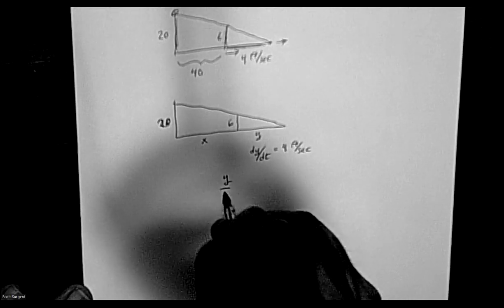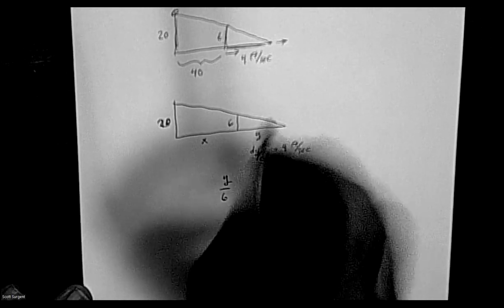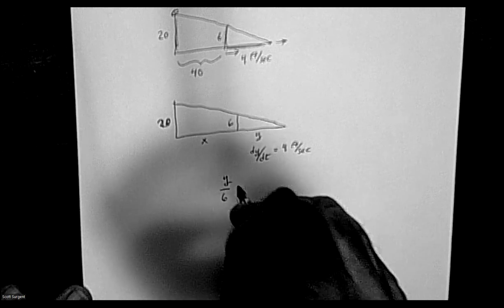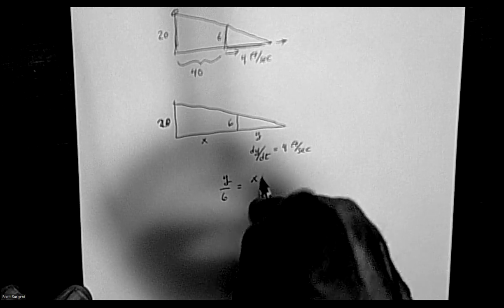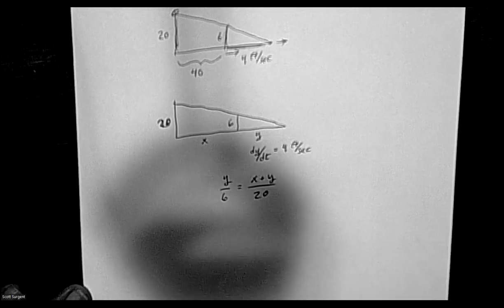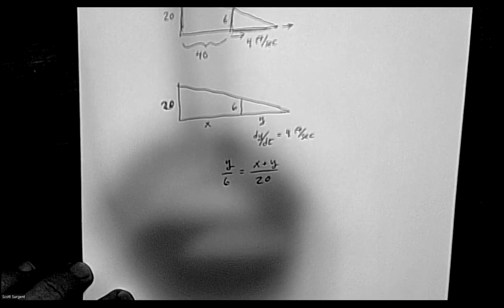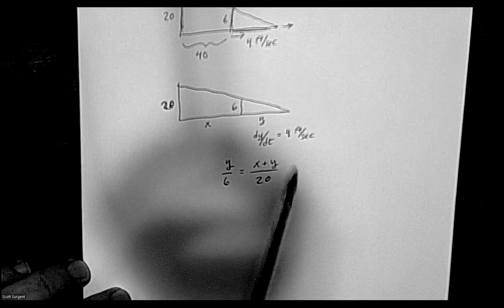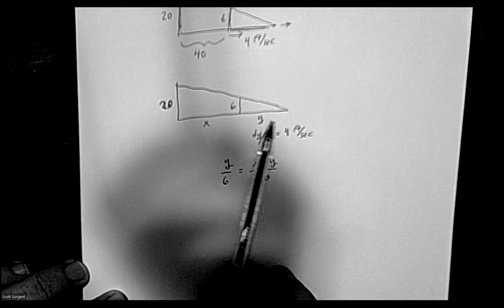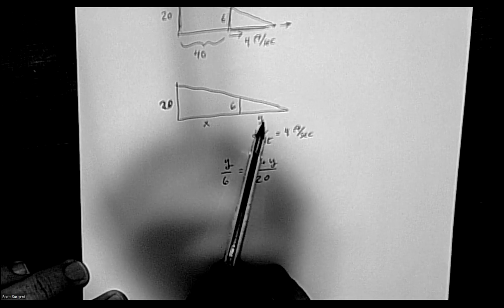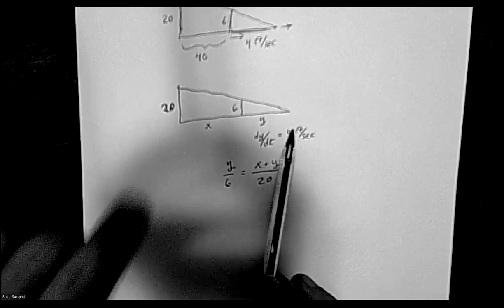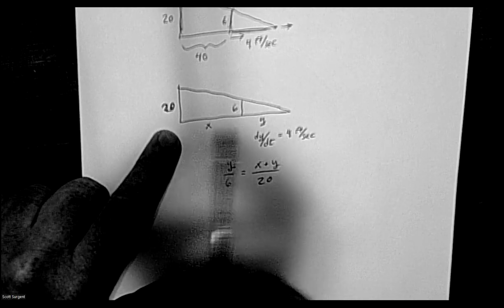We have proportions: y over 6 is the same as (x plus y) over 20. Does that ring a bell from geometry? Similar triangles. The corresponding sides are proportional. Now the big triangle has proportion x plus y.